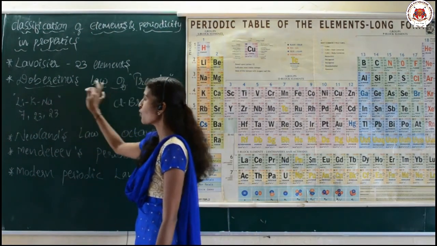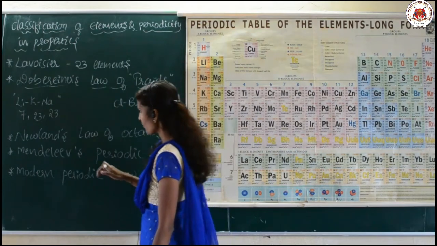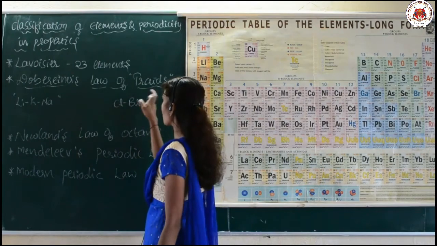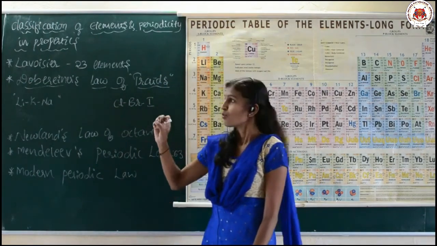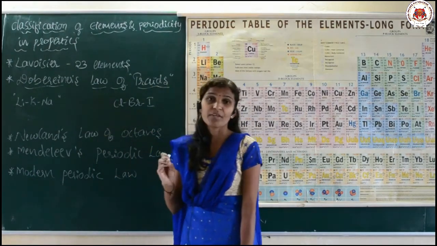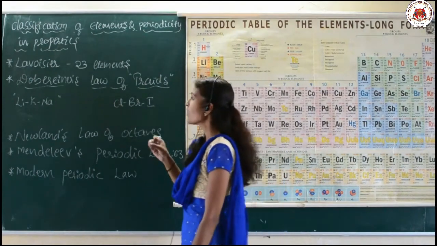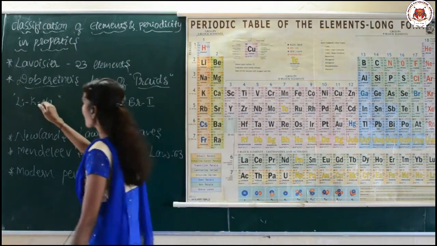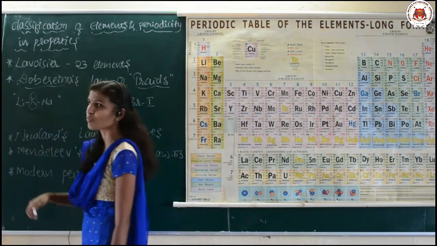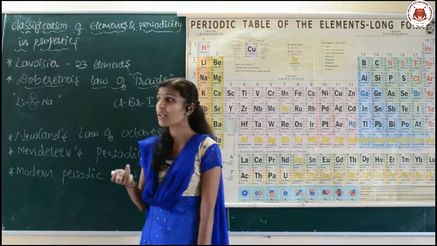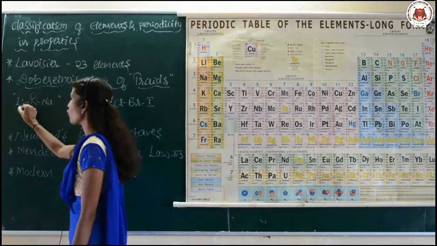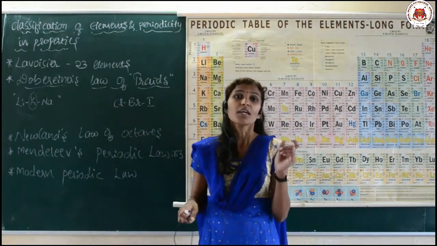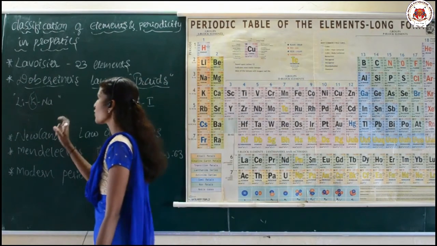So according to Dobereiner's law of triads, a triad means a set of 3 elements. When a set of 3 elements is present, what happens? The atomic mass, or atomic weight, of the middle element is the arithmetic mean of the atomic masses of the other 2 elements.